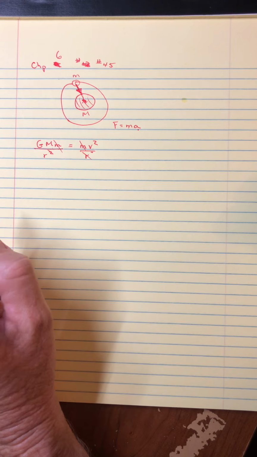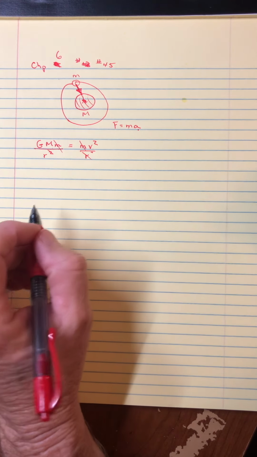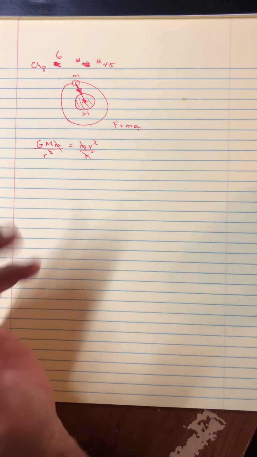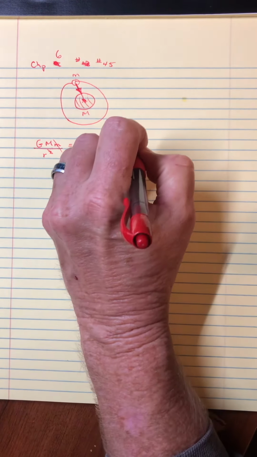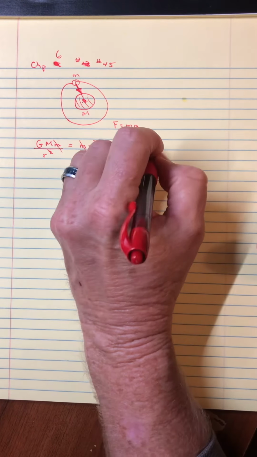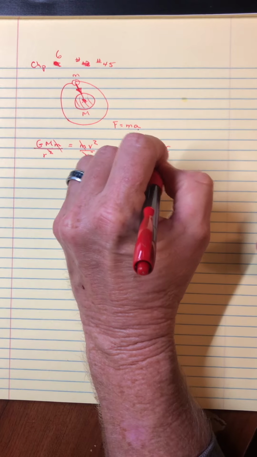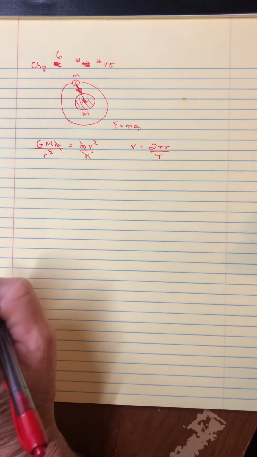And I'm not sure if we should do this in 2 steps or merge them together. Maybe I'll merge it together. But the velocity of the moon going around would be 2 pi r over the period.